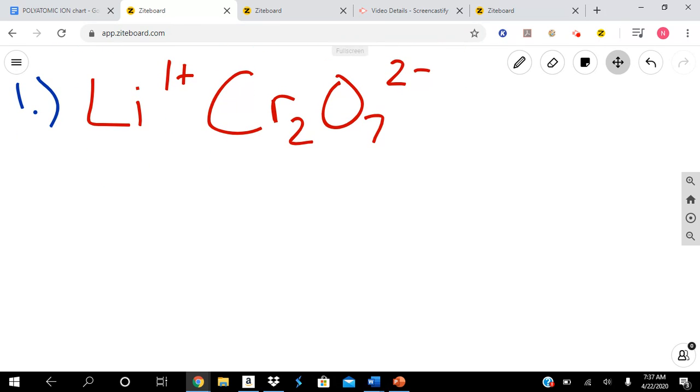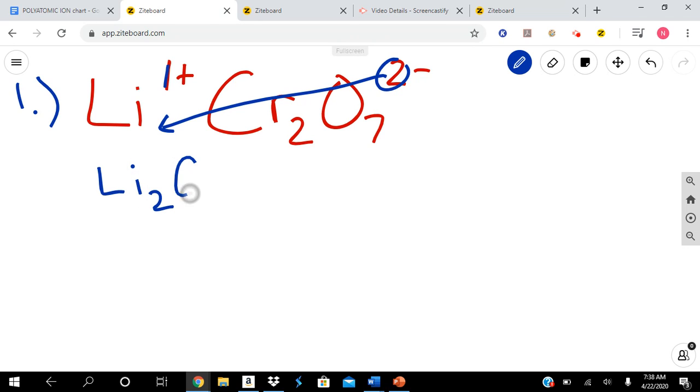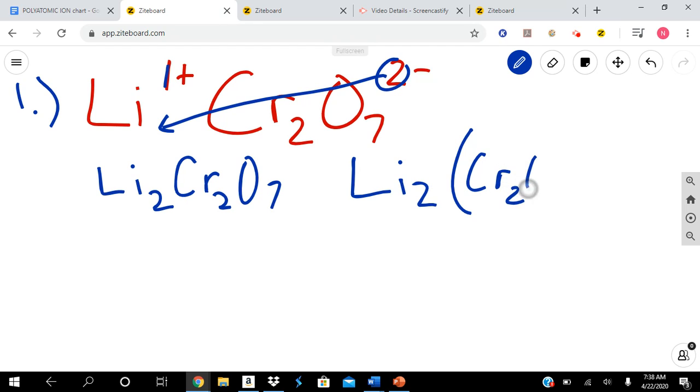Okay, I'm not going to cross this 1, but I am going to cross this 2. So I have Li2 Cr2O7. What some students want to do is write it like this. If you're not putting anything here, you don't need parentheses. So it's just Li2Cr2O7.